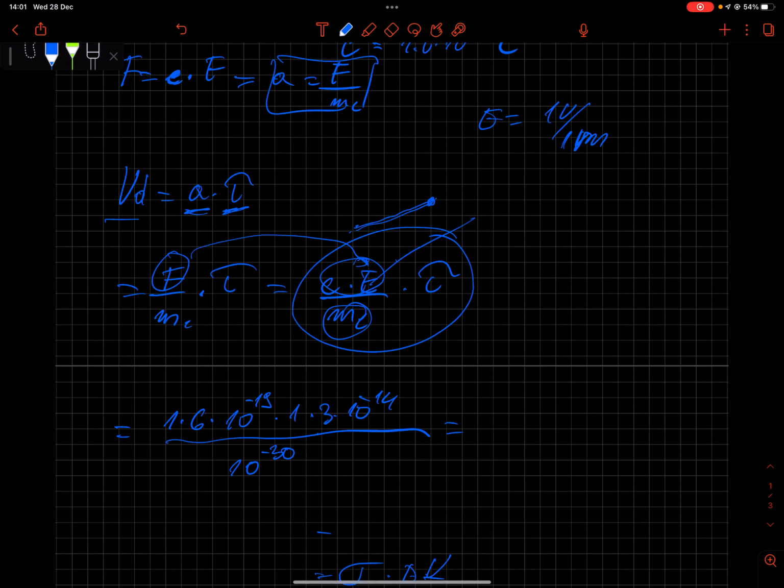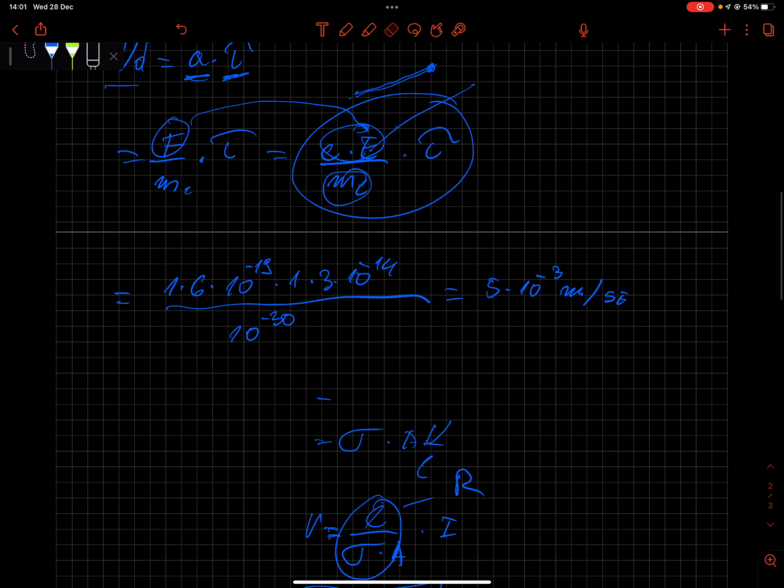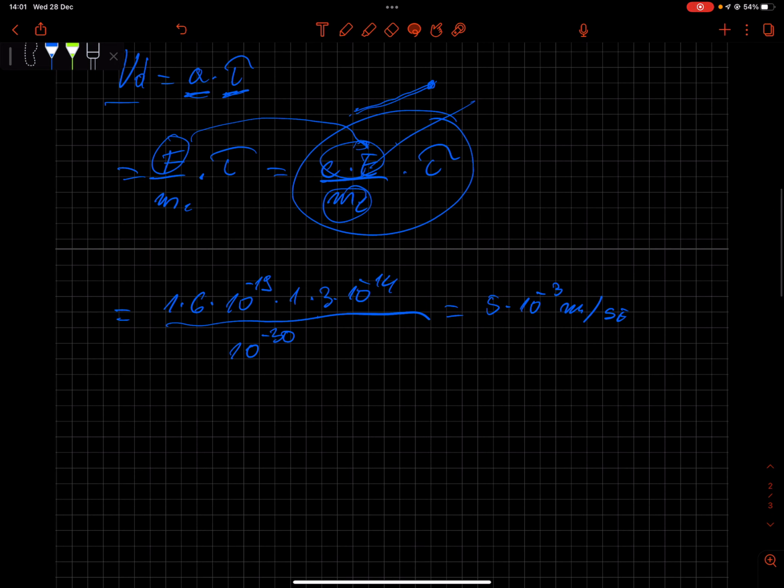So if this calculation is correct, and I think it is, it's about 5 times 10 to the minus 3 meters per second, which is about half a centimeter per second.